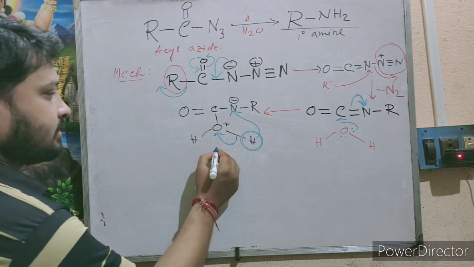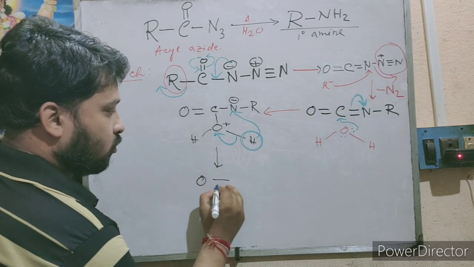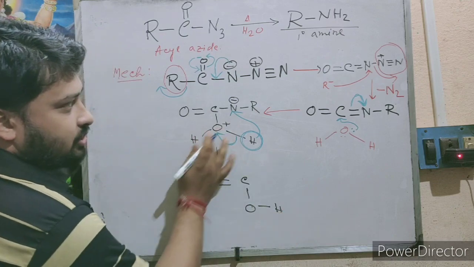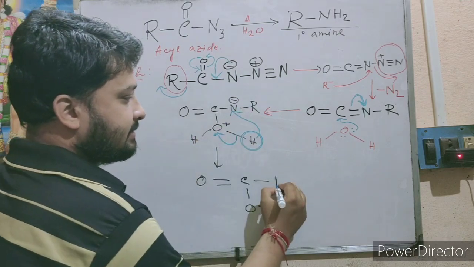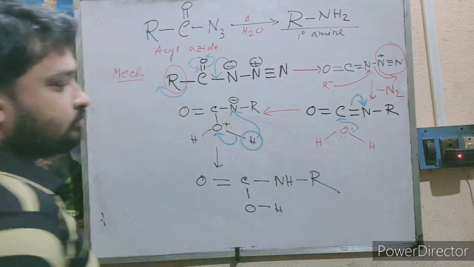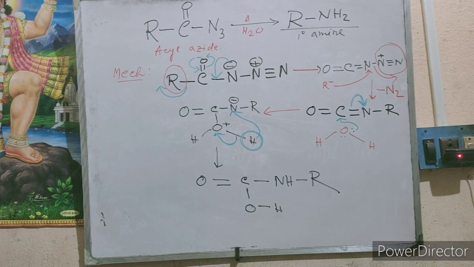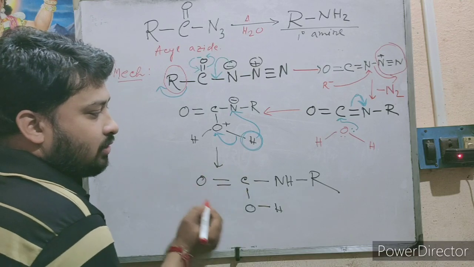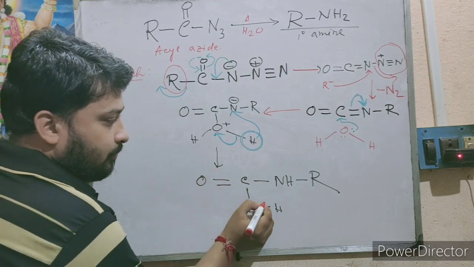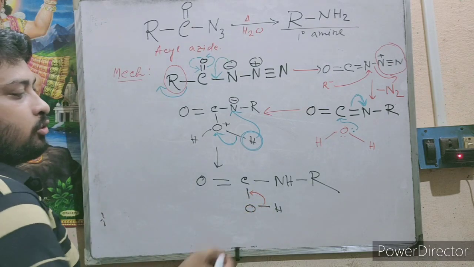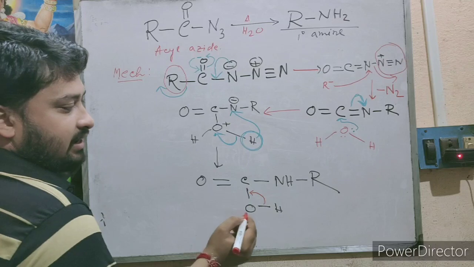The process is: this is O, this is C, now this is OH, and N gets its H, this is NH, and this is R. Now it wants to form carbon dioxide, so it donates its bond to create the double bond, forming carbon dioxide.